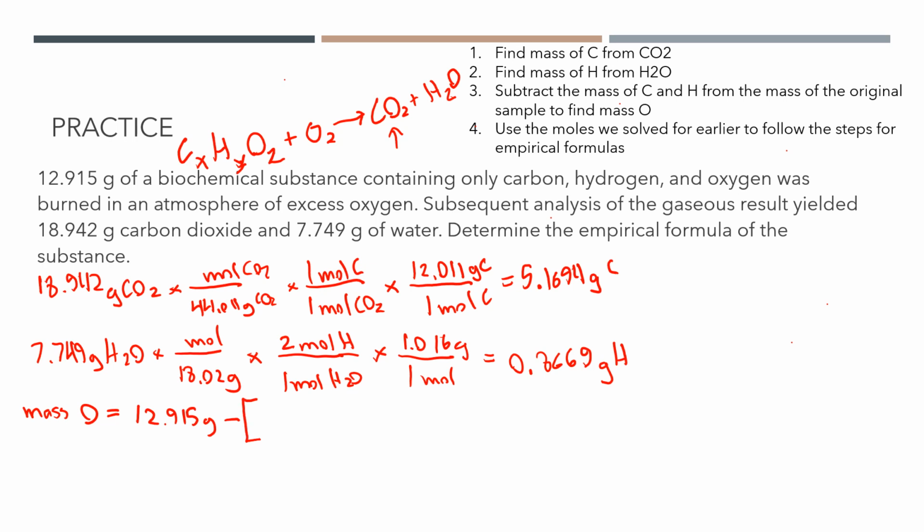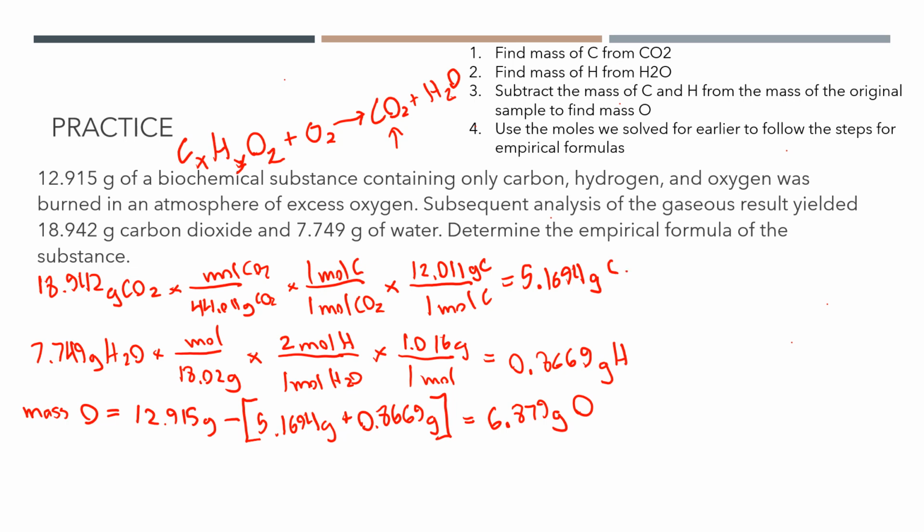So let's put those in parentheses: 5.1694 grams plus 0.8669 grams. And that gets us 6.879 grams of oxygen.